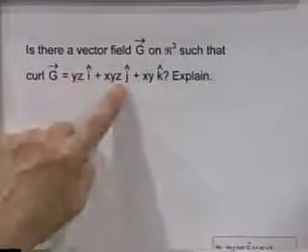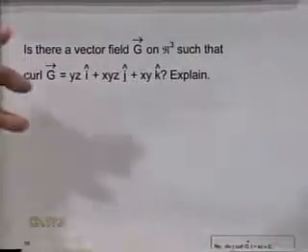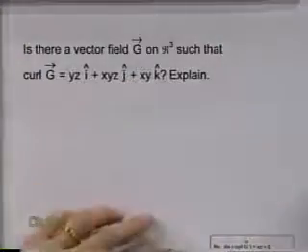Okay, now why? Who cares? Is there a vector field G such that the curl of G is equal to this? So I've got this function, and I'm wondering, can I find some G that if I take the curl of it, I will get this?